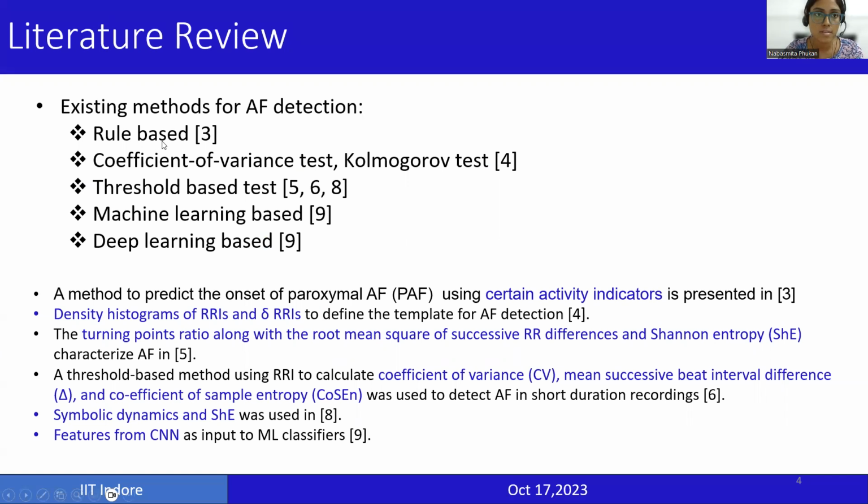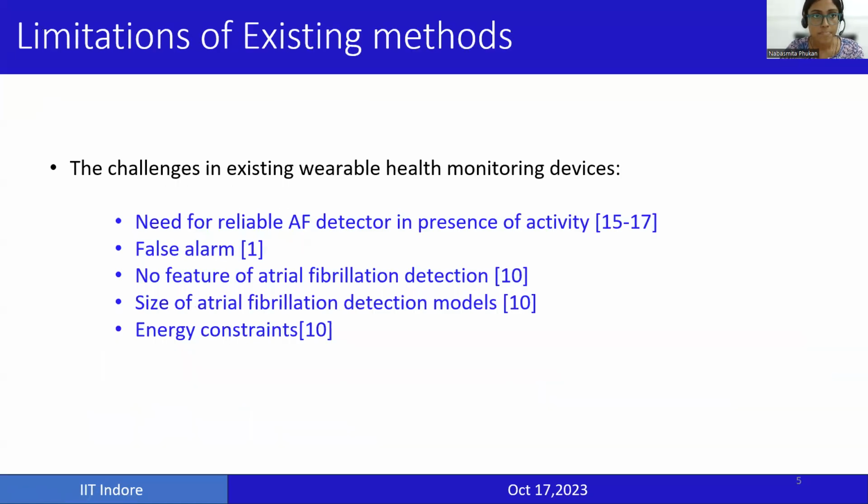Coming to the existing methods, there are five existing methods that we have taken into consideration. In these methods, different types of features like RR intervals, and different features extracted from RR intervals, or different methods like threshold-based methods, rule-based methods, machine learning methods, and deep learning have been used for detection of atrial fibrillation.